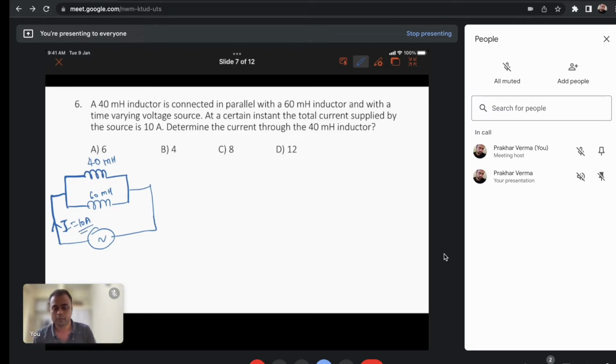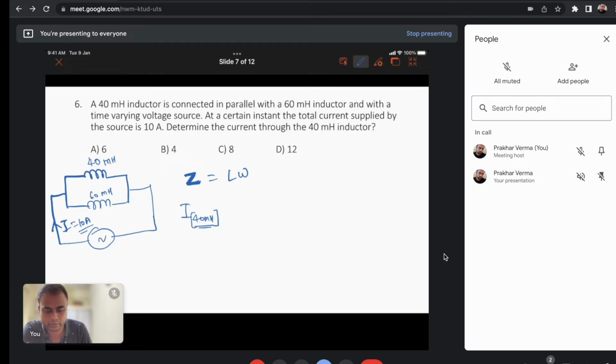Since the impedance is L omega, we can treat this Z using a formula similar to the one we used for resistance. If we want to find the current for the 40 millihenry branch, this is just a notation I am writing here.